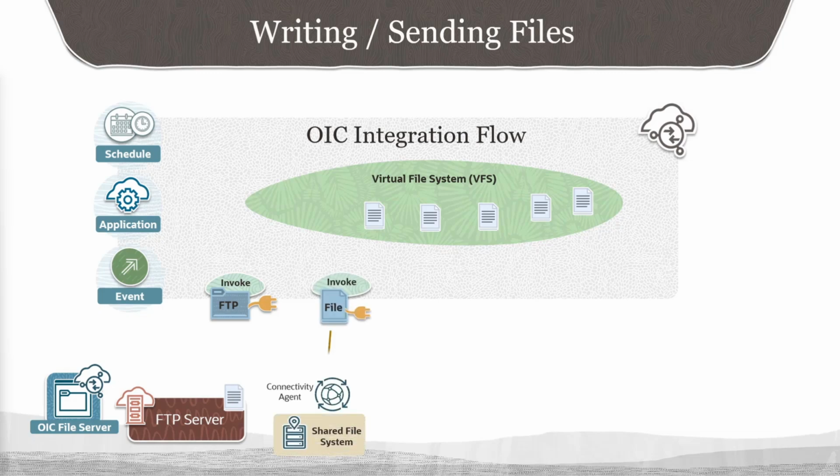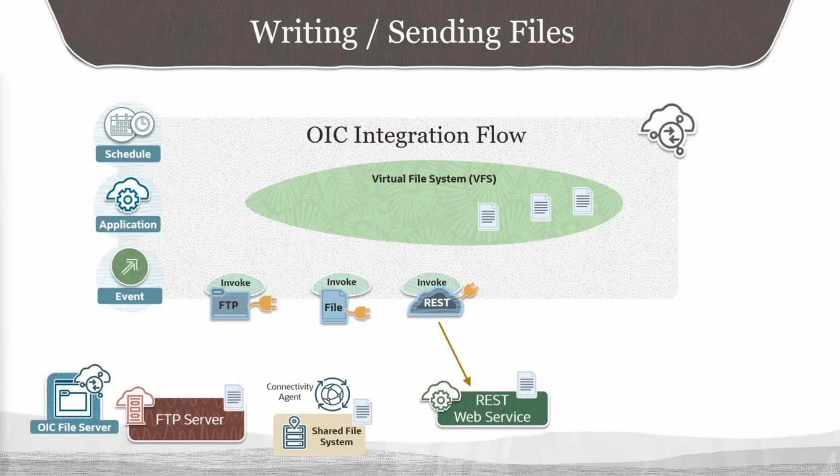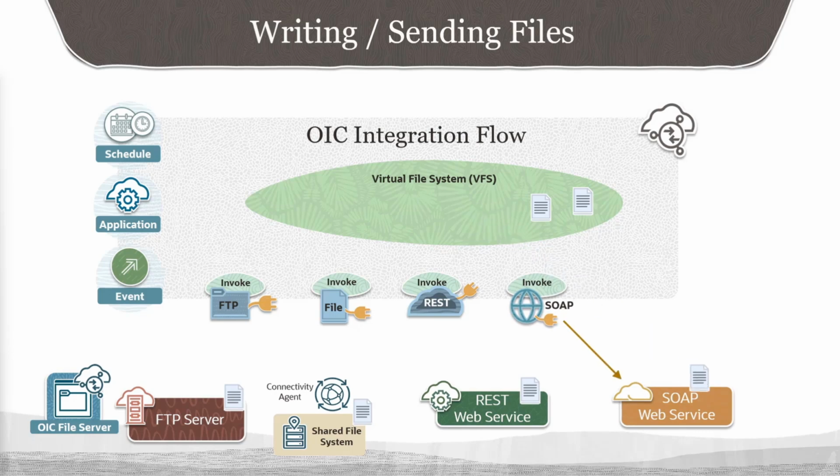Or if it needs to be sent to a shared file system serviced by a connectivity agent, you use the file adapter. Or perhaps there is a RESTful web service that is looking to receive the file as a multi-part attachment. Or if it is SOAP-based, send it as an MTOM attachment using the SOAP adapter.